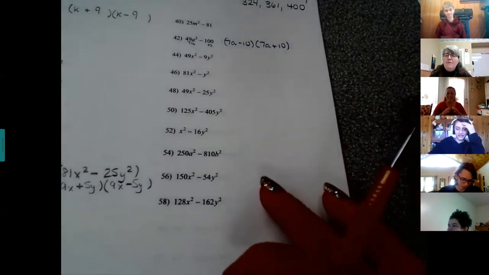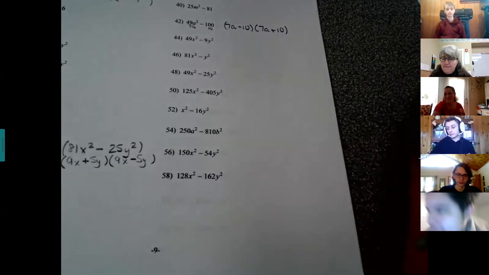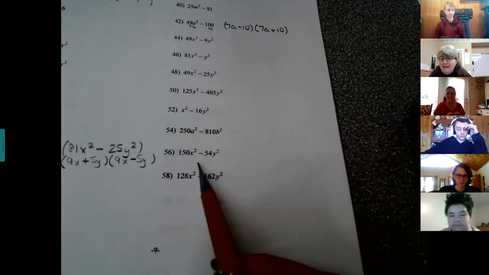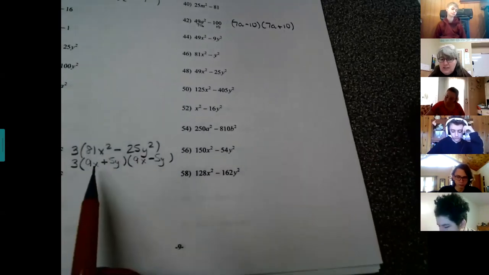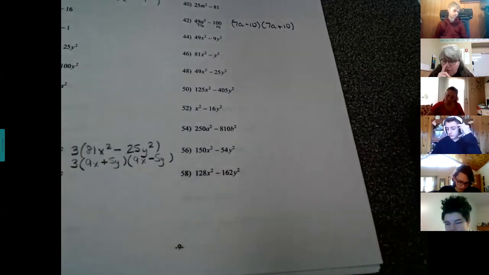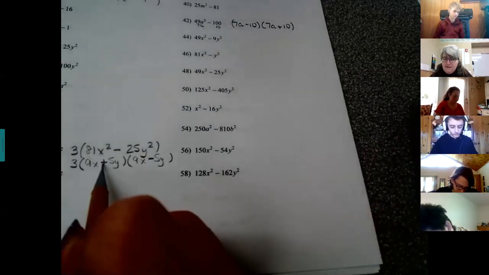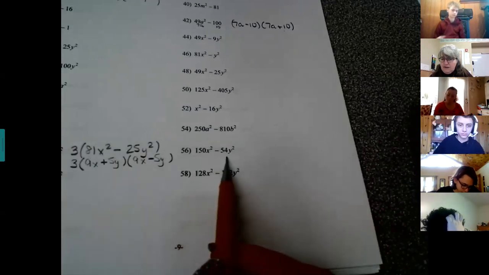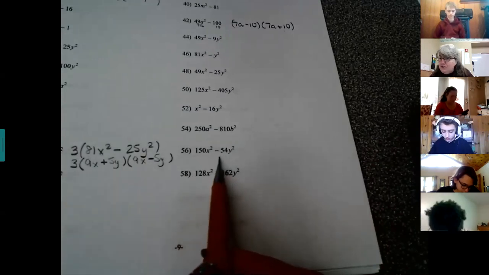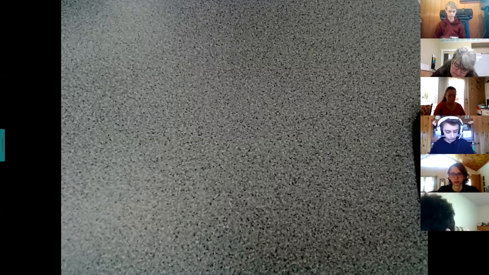Okay, y'all, I would like you to try for me on your own 56. You have to find a GCF first. 56 is just like 55, and then text me privately your answer. Find the GCF, whatever goes into 150 and 54, and then what's left should be squares. Do 56 for me, and then text me your answer privately.